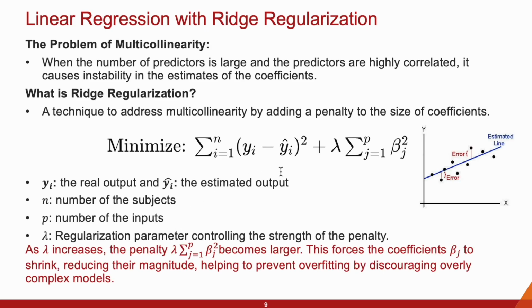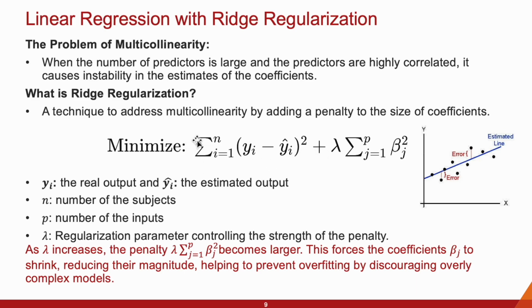Therefore, to address this issue, we can use a technique called regularization or any other penalization technique like lasso or elastic net, but I will present the regularization technique here. This technique helps by adding a penalty to the size of the regression coefficients, and this penalty shrinks the coefficients, which stabilizes the estimates and reduces the variance.